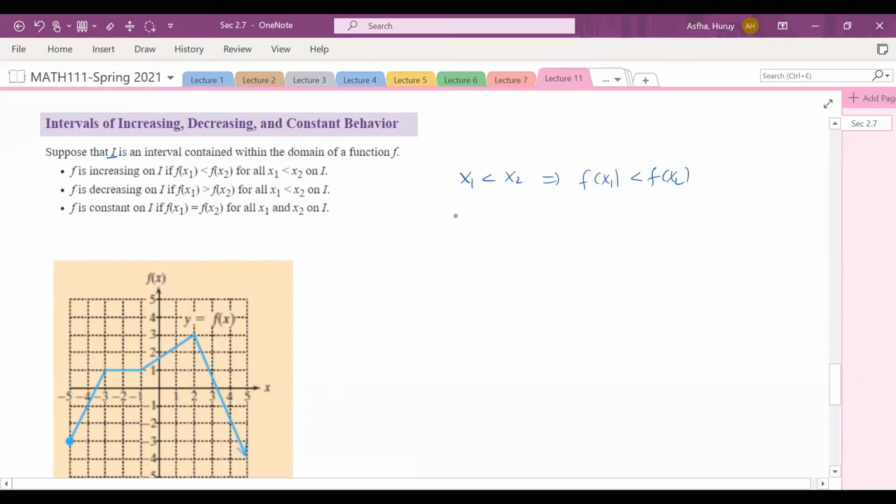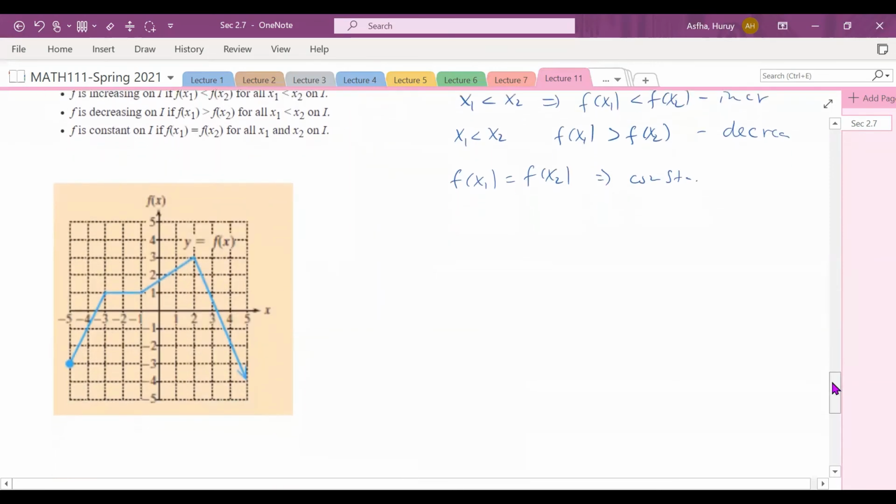And on that interval, when x1 is less than x2, if we have f of x1 greater than f of x2 for all values of x in that interval, then we have a decreasing function. This is increasing. And if for all x1, f of x1 equals f of x2, then we have constant.